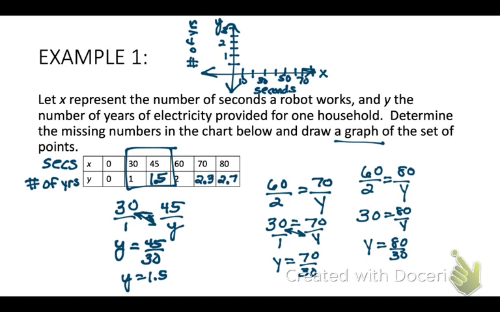So 0, 0. 30 and 1. 45. 45 and 1.5. 60, 2. 70, 2 1/3.